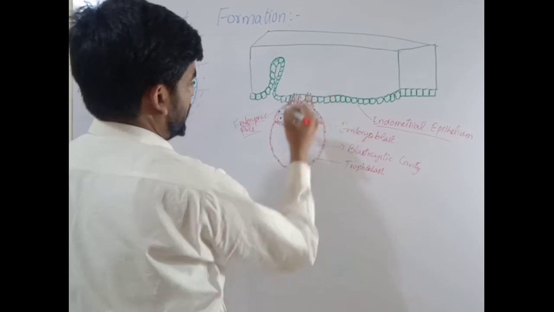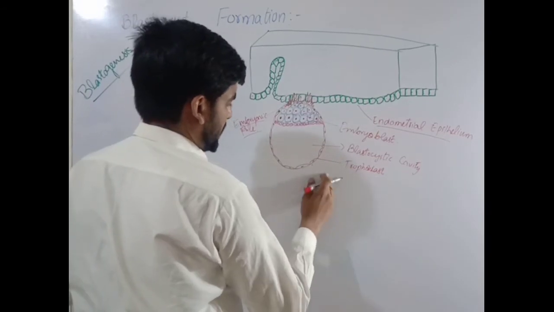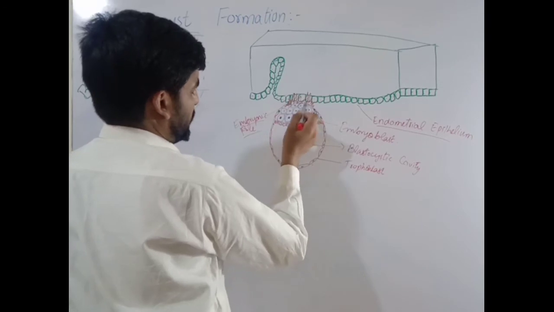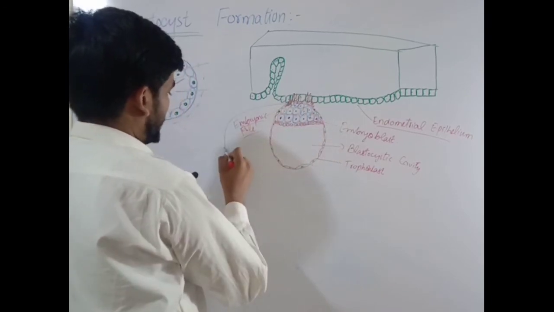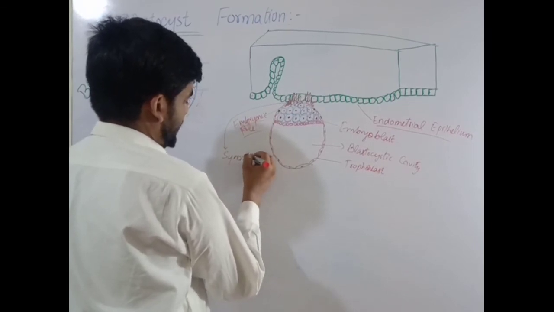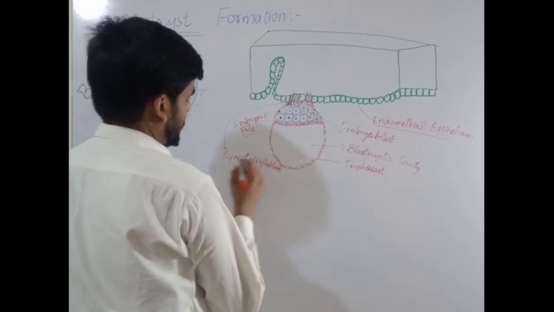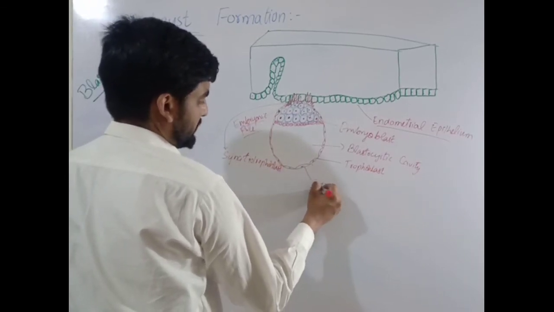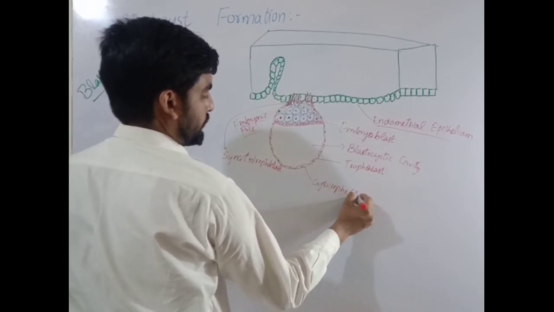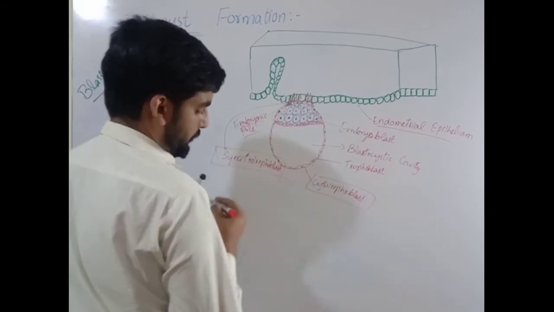By this process, two structures are formed: the syncytiotrophoblast and the cytotrophoblast. These two structures are formed by the trophoblastic cells.